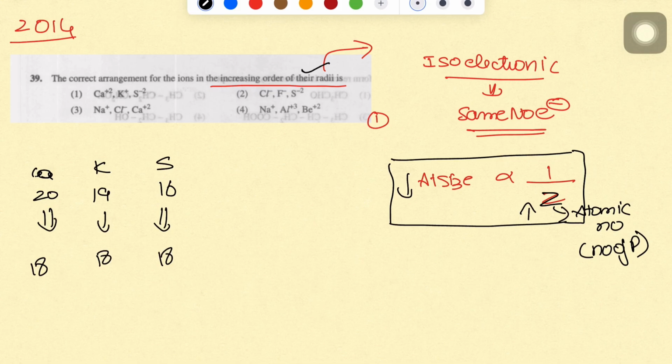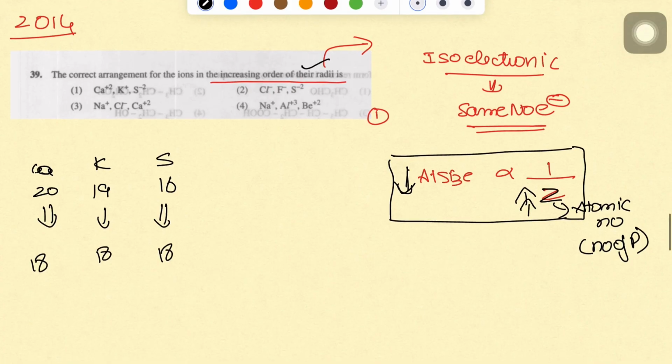So if you see this proportion, as atomic number increases, atomic size decreases. This is the atomic number. Calcium has the highest atomic number, so it must have the least atomic size according to this proportionality.